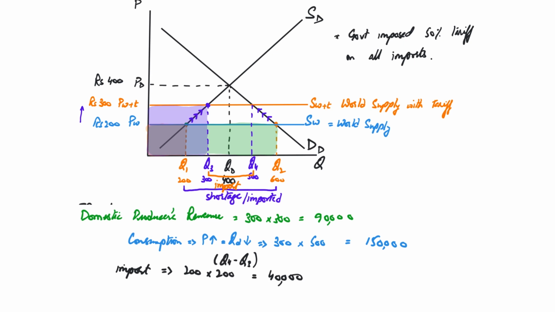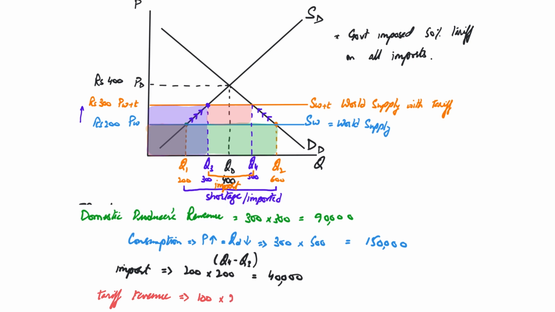One of the most important things in this diagram which you should be able to mark and identify is how much tariff the government will get. Basically this region right here, which I'm highlighting in red, is where the government is getting revenue. If you see, the tariff or tax revenue which the government is getting is basically $100 for every unit that is being imported.